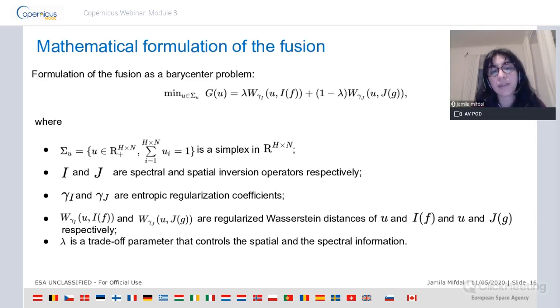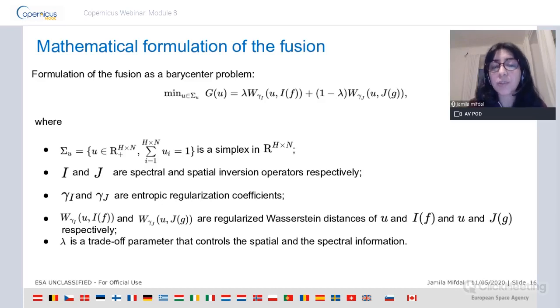The second regularized Wasserstein distance is between u and J of g, and J is a spatial inversion operator that brings the hyperspectral image on the same grid as the high resolution or target image. Gamma I and gamma J are the regularization coefficients of these Wasserstein distances.